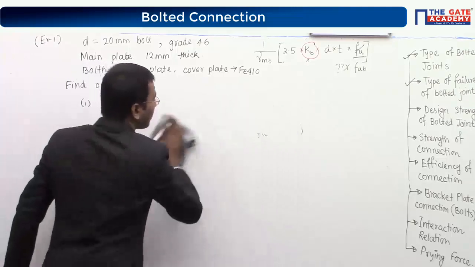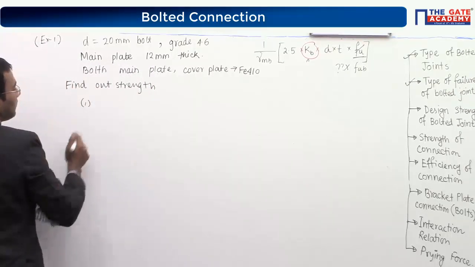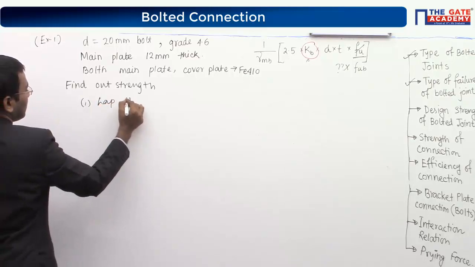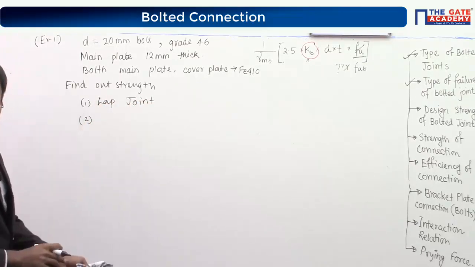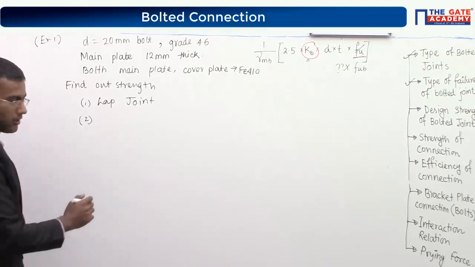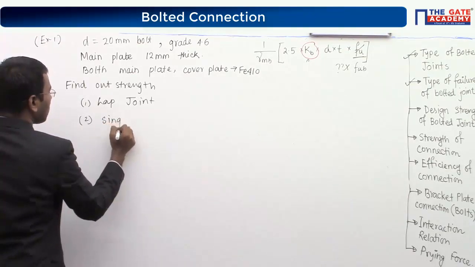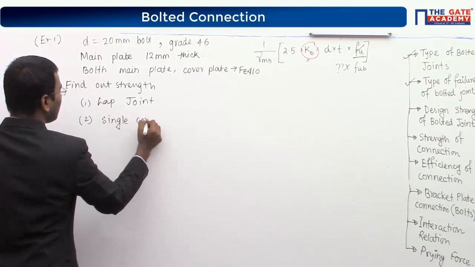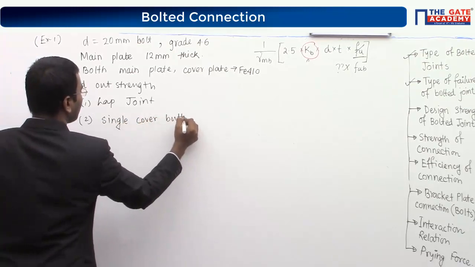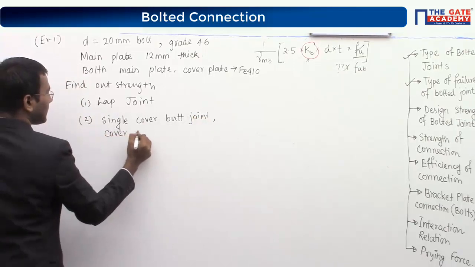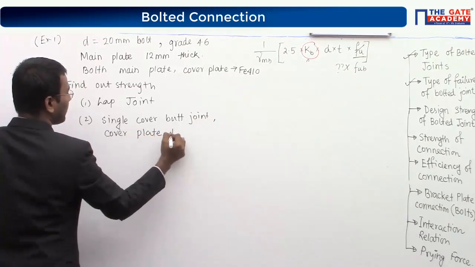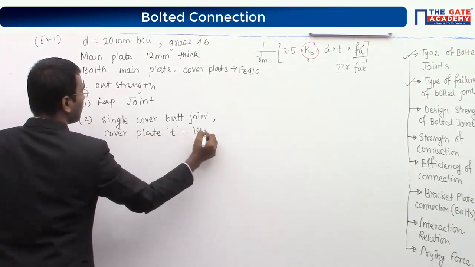If it is connected by lap joint. Second, number 2, if it is connected by single cover bar joint with cover plate thickness equal to 10 mm.